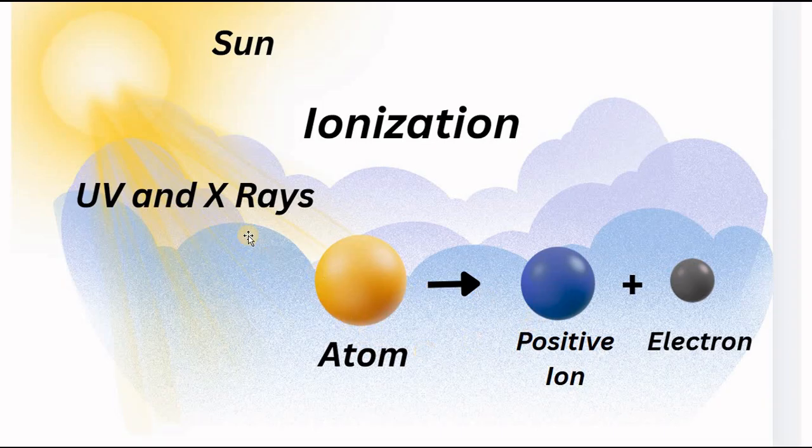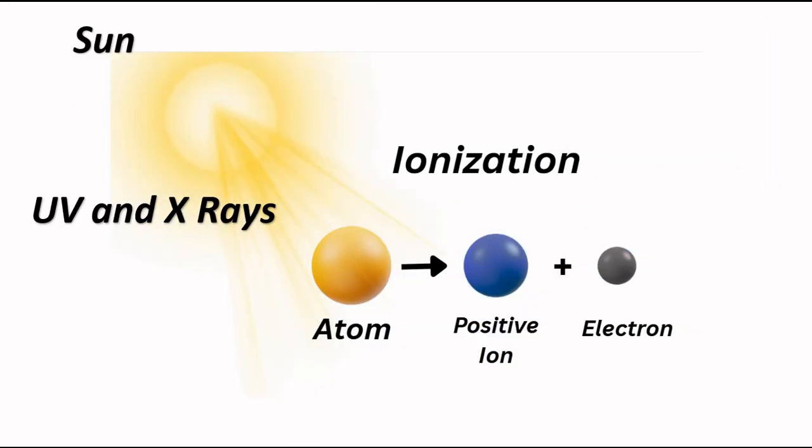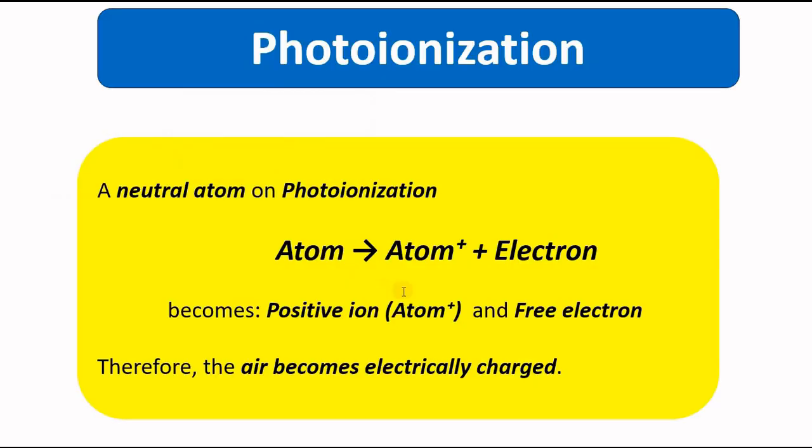When the ultraviolet rays and X-rays from the sun strike the gaseous atoms, they knock out free electrons, leaving behind a positive ion. This whole process is called ionization or photoionization. Now, as more and more of this occurs, more and more gaseous atoms get ionized, that is converted into positive ions, and free electrons are knocked out from them.